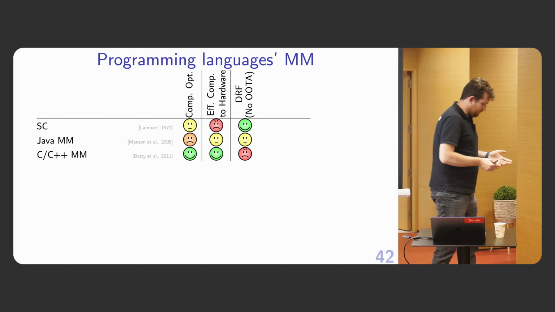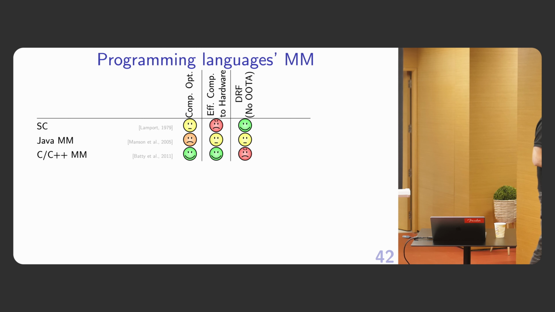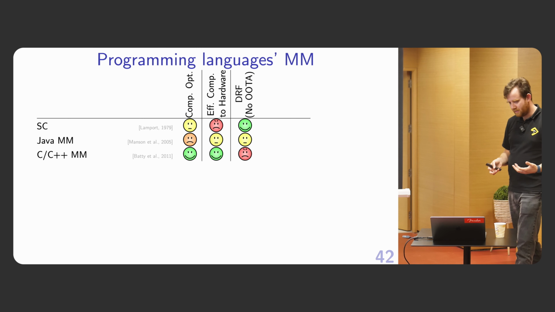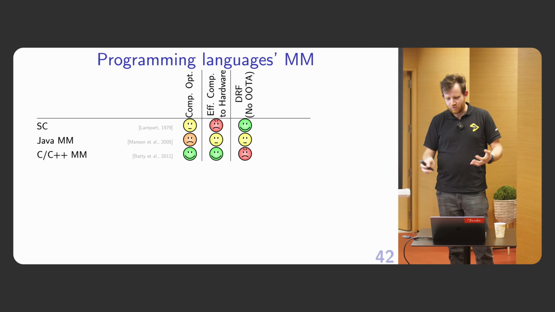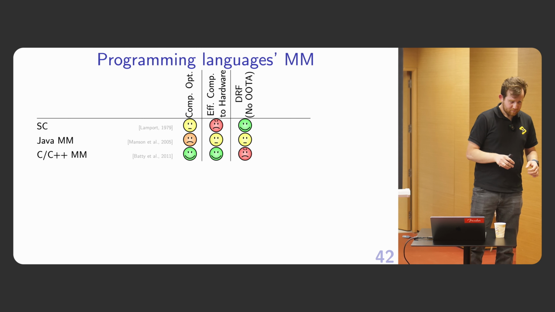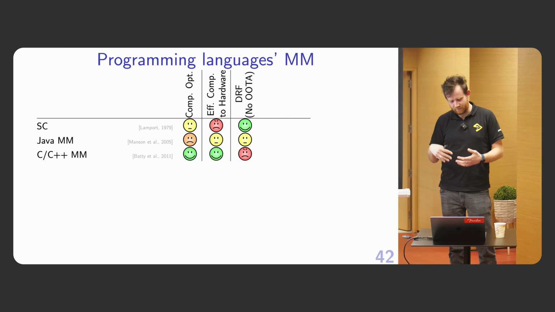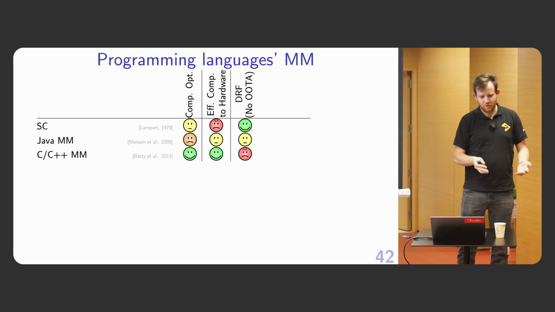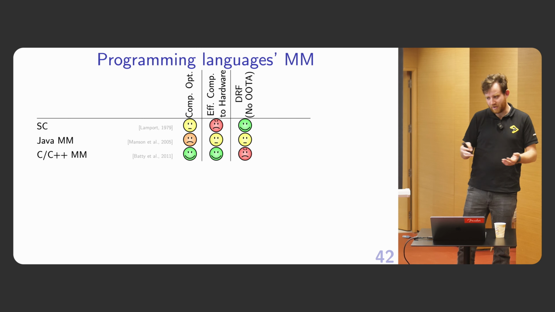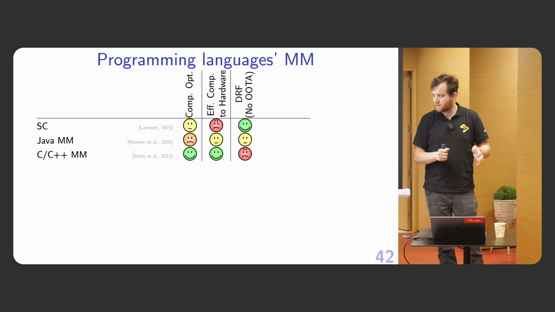Actually, currently the research society still hasn't come up with a solution which is considered complete. As I said, this is a very well-known problem with out-of-thin-air executions, for many years at least.